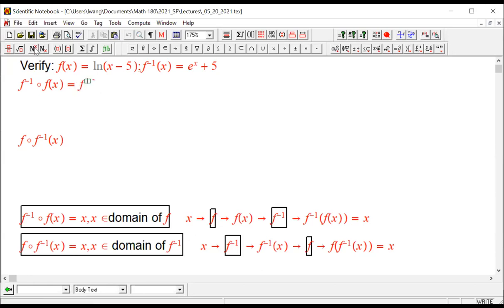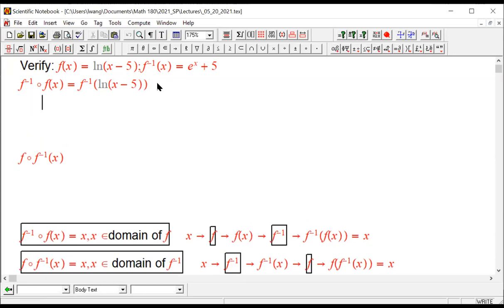Okay, so f inverse, let me just quickly get this done. f of x, just put it there. And e to the power of this guy plus 5.